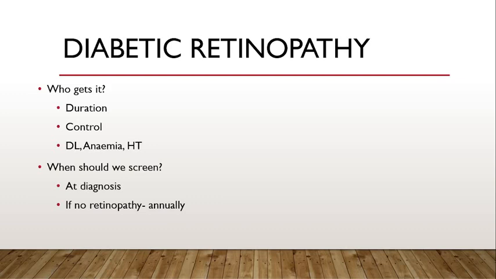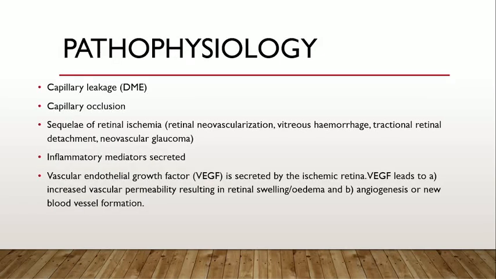People who have a longer duration of diabetes with poorer control, with high sugars or fluctuating sugars, and with associated medical problems are prone to get it. You should screen at the time of diagnosis, and if there's no retinopathy, if the retina looks fine, annually.